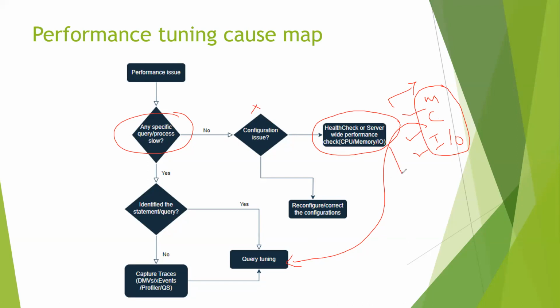Based on the metrics and the server-wide performance issue, we capture some traces and get the queries which are consuming most of the resources. Then again we go back to query performance, right? So all these are important that we will have to work on. This is the high level performance cause map, right?